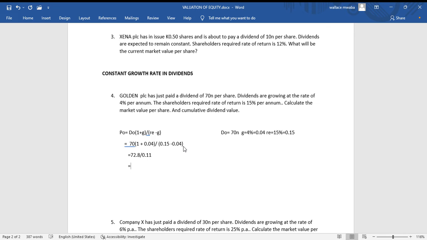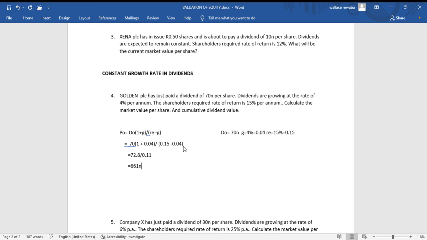This share is very expensive. 661 kwacha, ngwe. Oh yeah, we're doing it in ngwe. So we say 661 ngwe, we don't have a point.